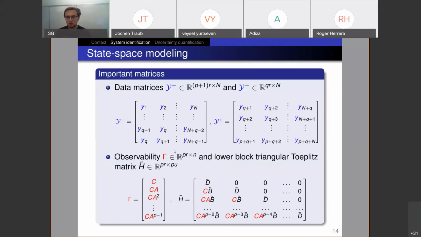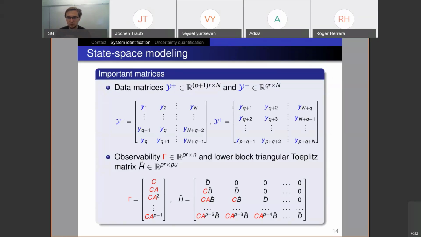Those sequences would be linked directly to the properties of our state space system. And for that, we need to define the observability matrix, which contains the dynamics of the system, as you can see here, and a lower block triangular Toeplitz matrix that contains both the dynamics of the system, but also matrices that relate to the inputs, so D tilde and B tilde.